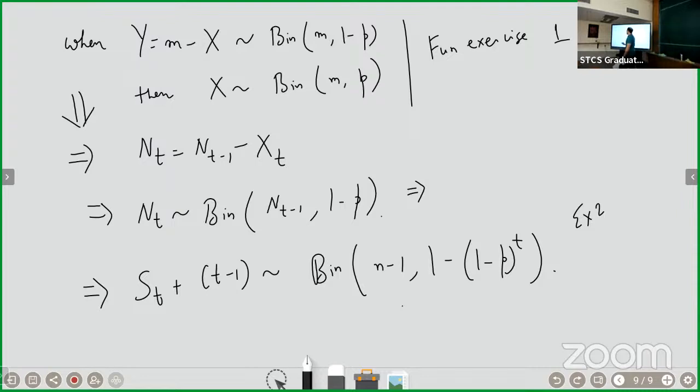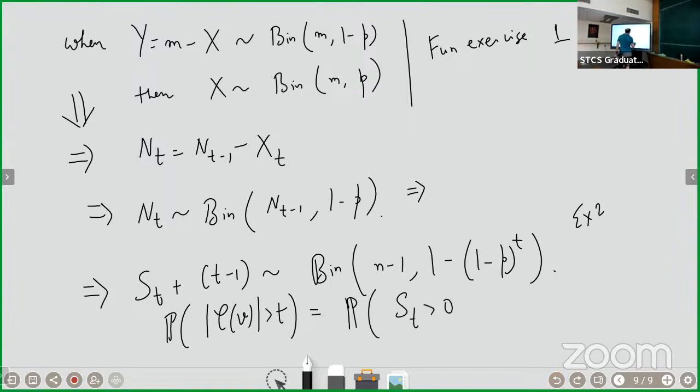I'll write this down: the probability that the component C of v is greater than t is the same as the probability that St is greater than 0. And that is correct, because this is binomially distributed.